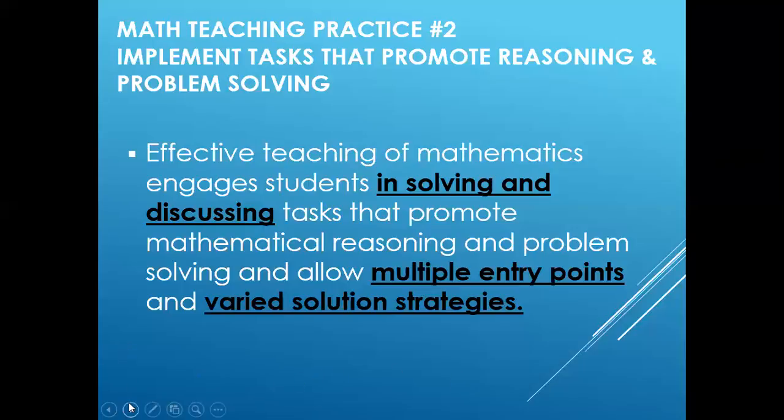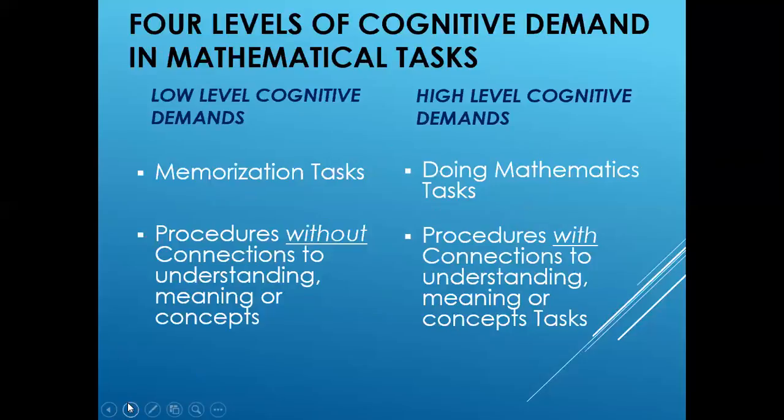So just kind of thinking about these rich math tasks, here are some ideas that actually came from the Principles to Actions book. These low-level cognitive demands is, again, that memorization, just procedures, remembering which routines they had to do, and there's no connection or meaning or concepts behind it. When you think about that, to me, I always think of the cross-product method, when they're cross-multiplying to solve for a proportion.